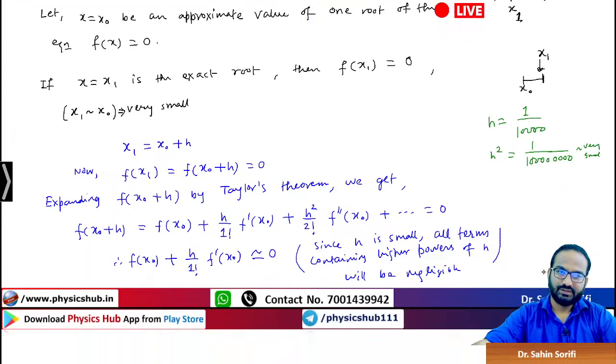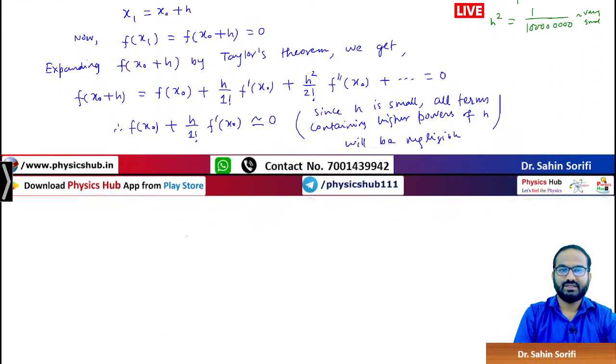That is a better way to say it. Okay, so now we have f of x0 equals minus h into f prime of x0.